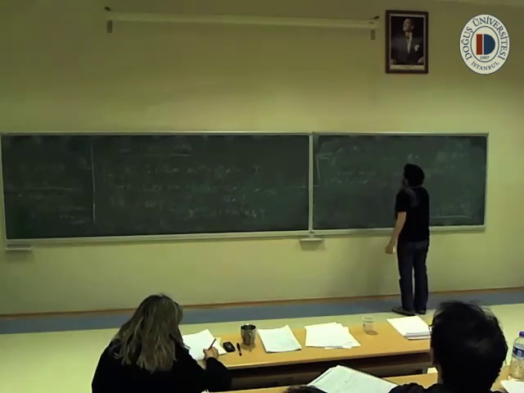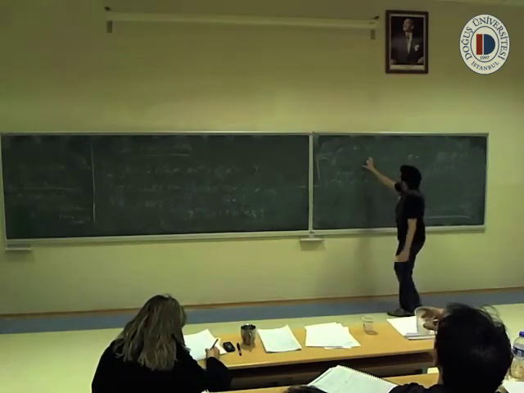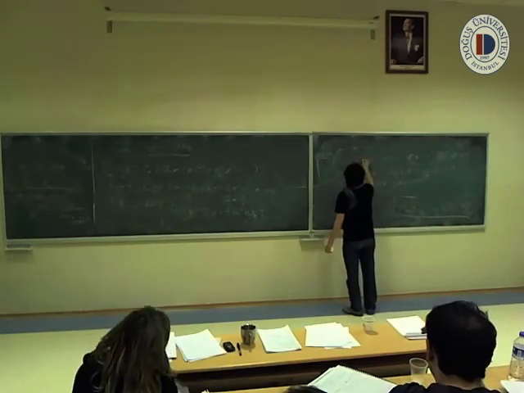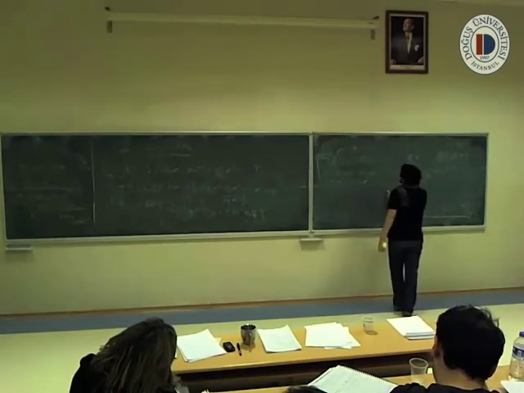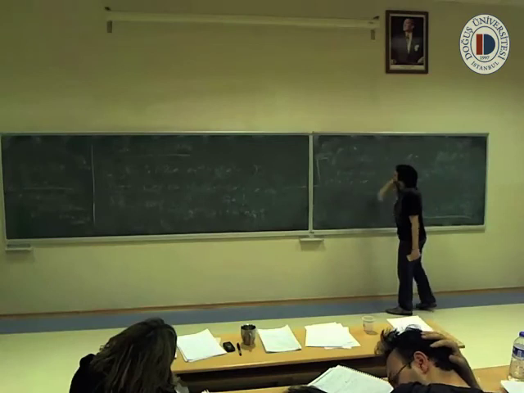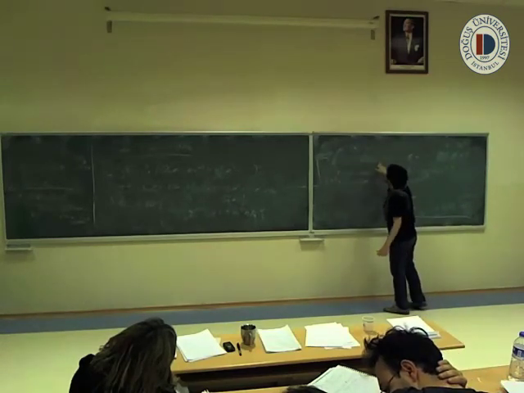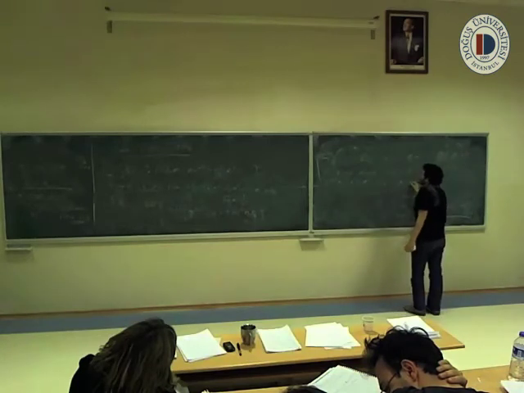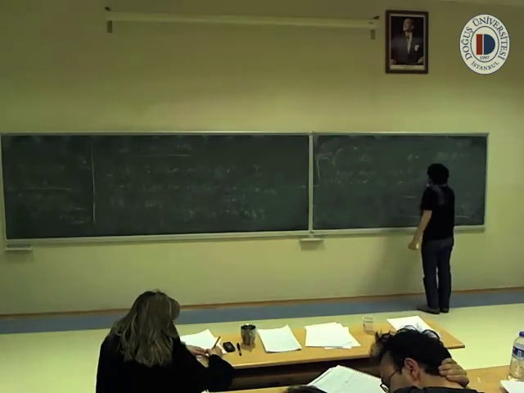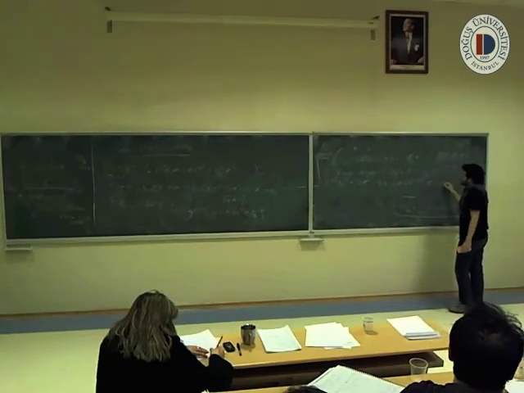Plus z cubed, this is minus 3. So this minus 3 times z to the minus 4 becomes z. And then we have this acting on that, gives z squared dz squared phi. This is 0.